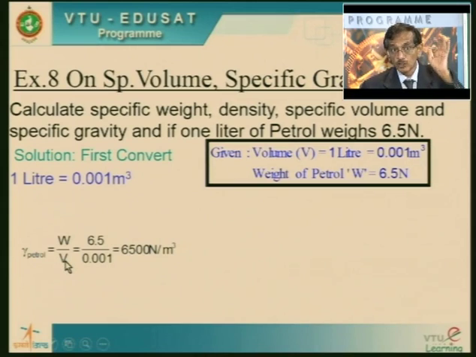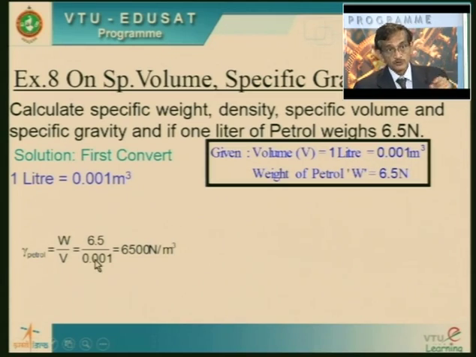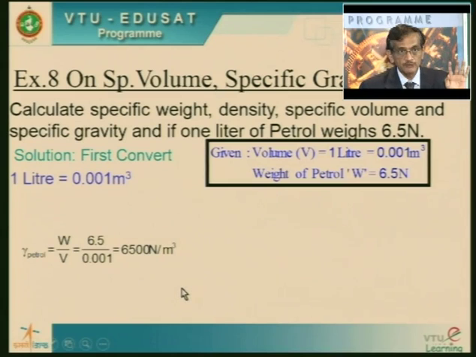He is asking for volume in SI system, not in liters. So, you can see here we have converted 1 liter as 0.001. Substitute here, and using your calculator, 6.5 divided by 0.001 gives 6500 Newton per meter cube.